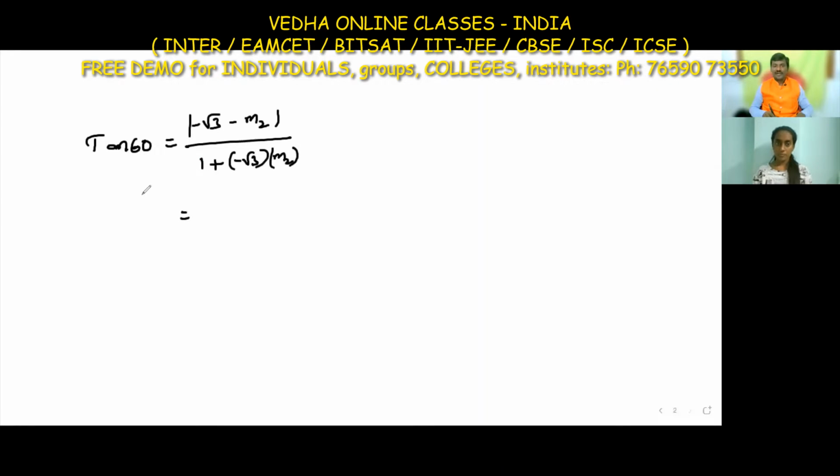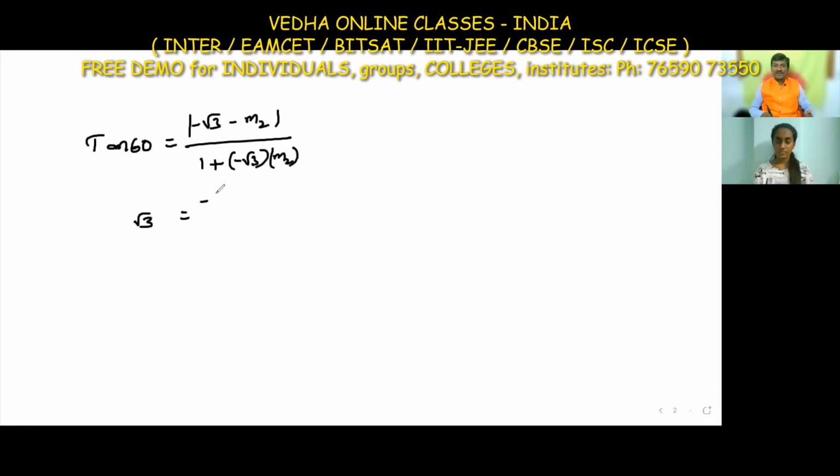What is the tan 60 value? Tan is sin by cos: sin 60 is root 3 by 2, cos 60 is 1 by 2, so tan 60 is root 3.